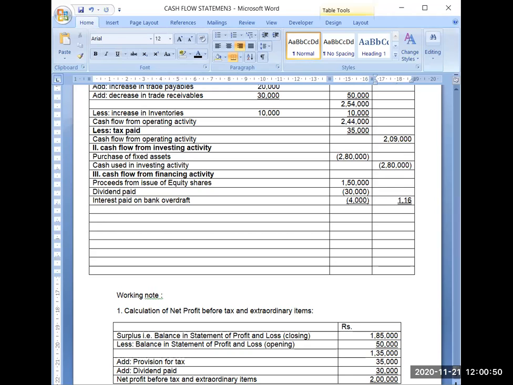And this will be written here, 1,16,000. And the answer will be cash flow from financing activity.